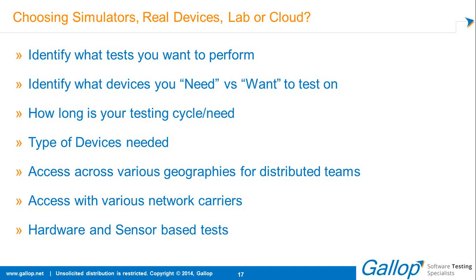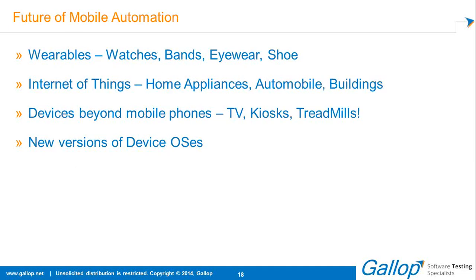As the mobile operating systems are evolving and a lot of APIs are coming through, a whole bunch of wearables are coming in: the watches or bands or eyewear or shoes, different kinds of things.